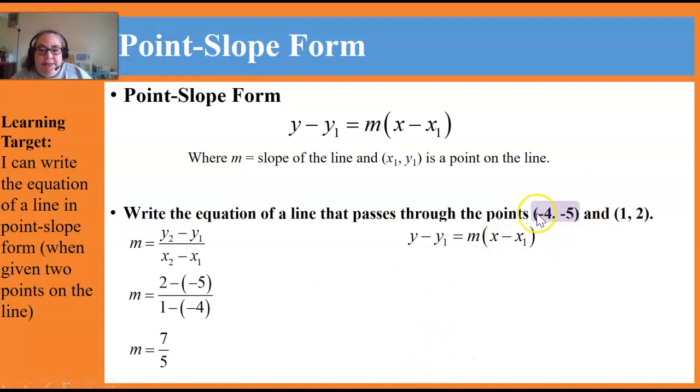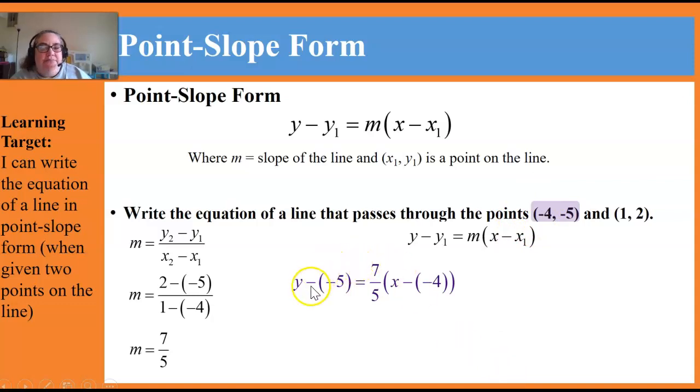And when I do my substituting, that's going to be y minus my y, which is -5, equals my slope, which we calculated was 7/5, open parentheses with my x minus my x1, which is -4.